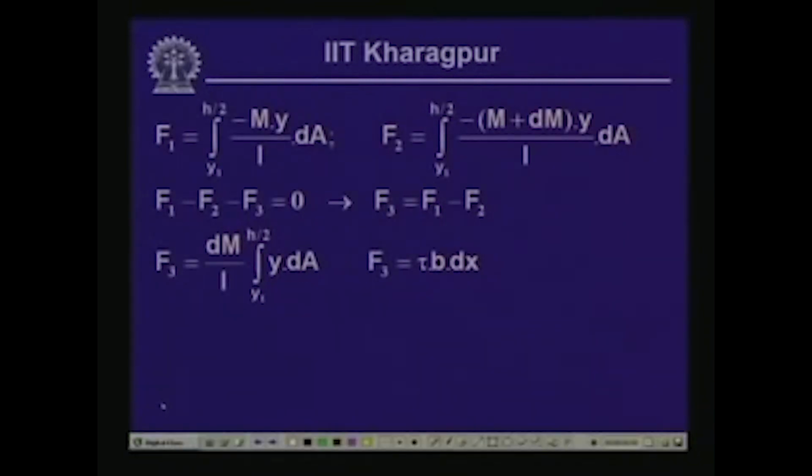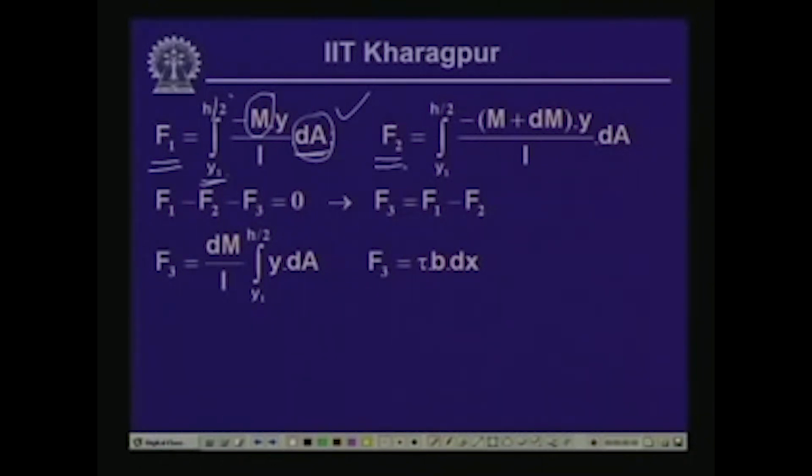Here you note that the force F1 is getting generated because of the bending moment M. So My by I multiplied by the elemental area dA, and the segment is from y1 up to h by 2. So this gives us the value of F1.